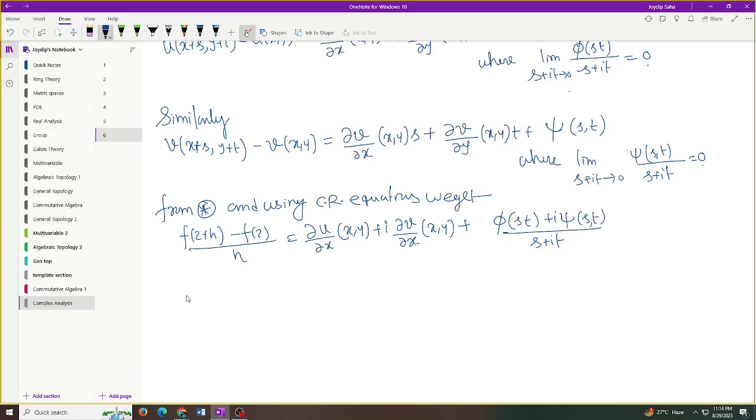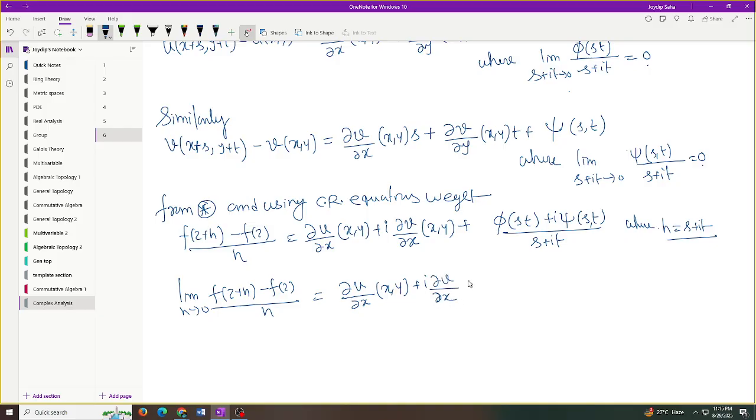Thus, where h equals s plus it, recalling the limit as h tends to 0 of the difference quotient exists. Therefore f is analytic.